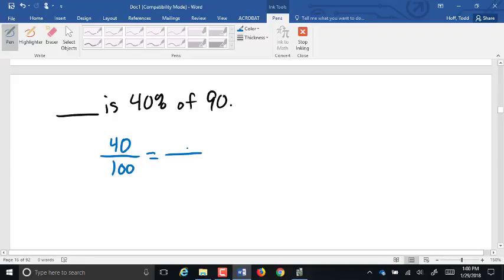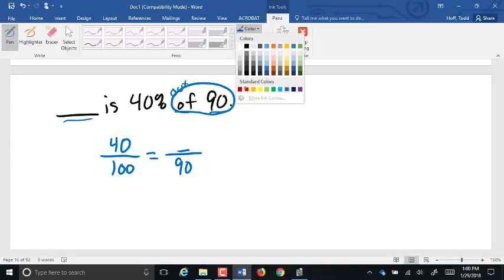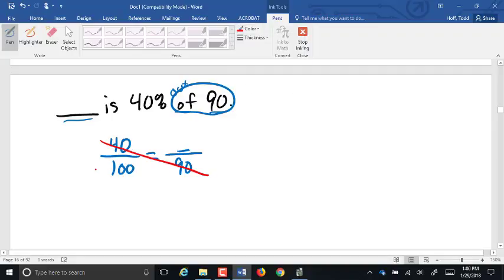So then on the other side, we have to match things up. We have the blank and we have the 90. Which one goes on top, the missing number or the 90? Well, it's of 90. You can think of that as out of 90. Implies the 90 is on bottom. 40 times 90 divided by 100 is 36.